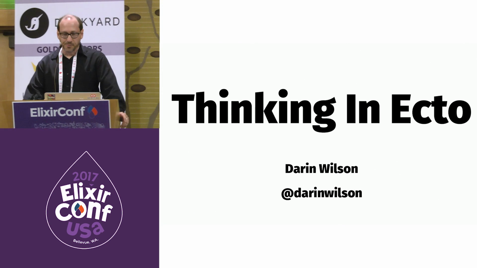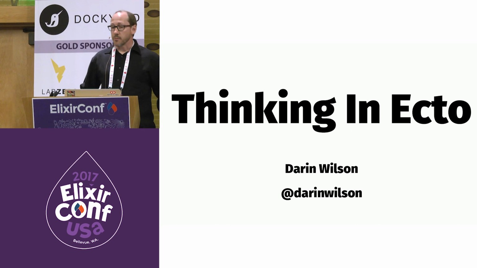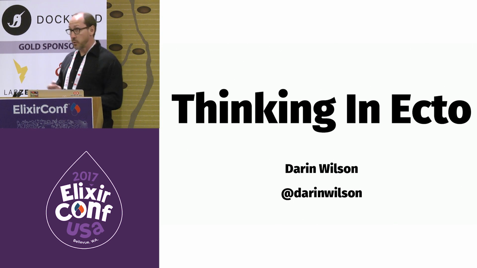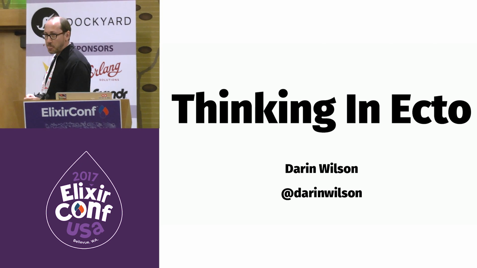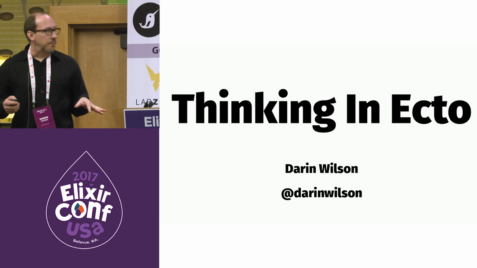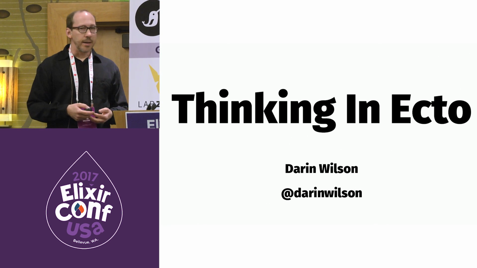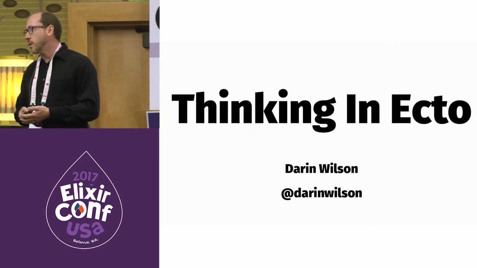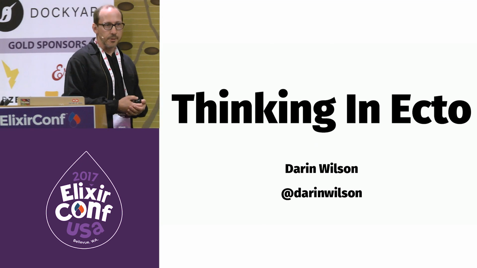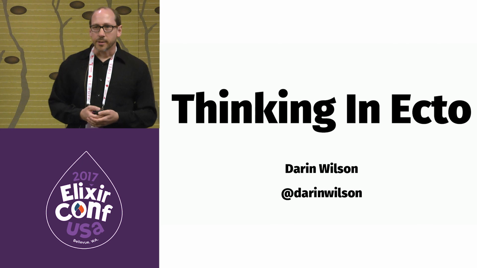So Ecto. Ecto is a database library for Elixir, and it ships by default with Phoenix. So there's a pretty good chance you'll run into it at some point. In this talk, I'm going to talk about some of the high-level concepts that I think are helpful as you're starting to wrap your head around the way Ecto works. These are the big ideas underlying Ecto's design, at least from my perspective.